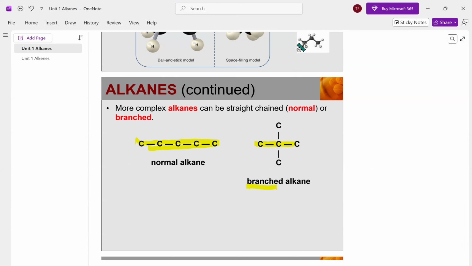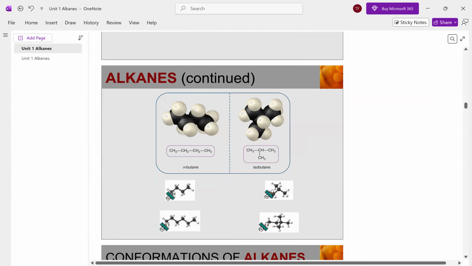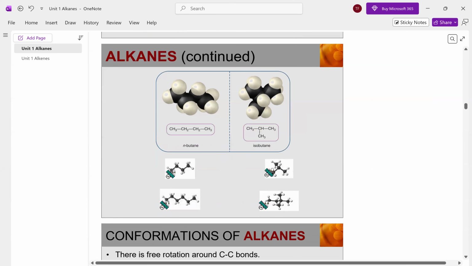In fact, there's two branches: two one-carbon branches, two methyl branches. Okay, on the one on the left, is there a carbon that's not on the yellow backbone? No. So that's non-branched. So we have no branches on the left, two branches on the right. I'm going to get into this.